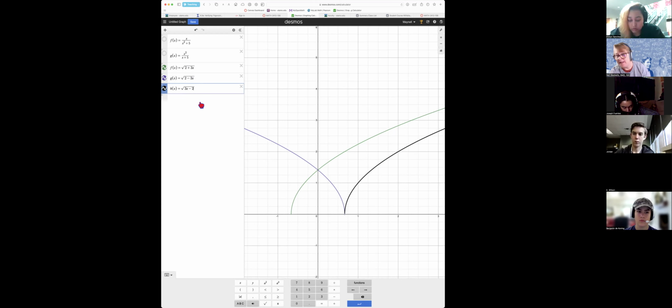So it's really easy to play with a function, change things a little bit, and see what those changes do to the shape. And for that reason, I really encourage you to use this site.